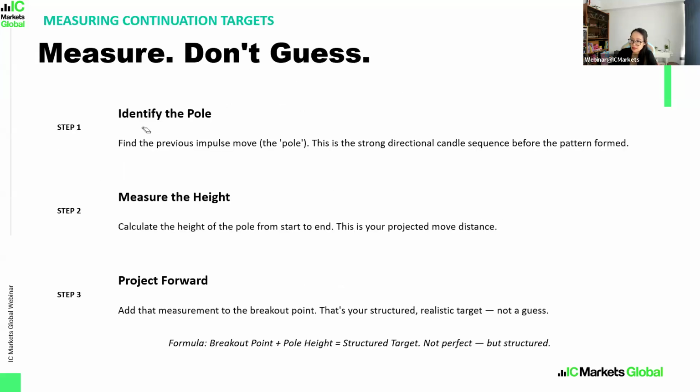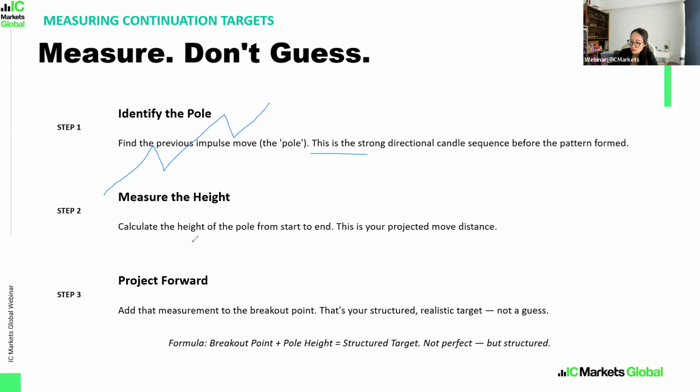Measure, don't guess. Step 1: identify the pole. Find the previous impulsive move, meaning price keeps rising with the trend, with strong directional candles before the pattern forms.